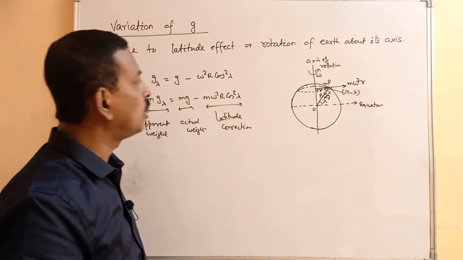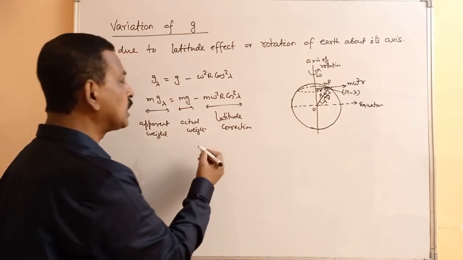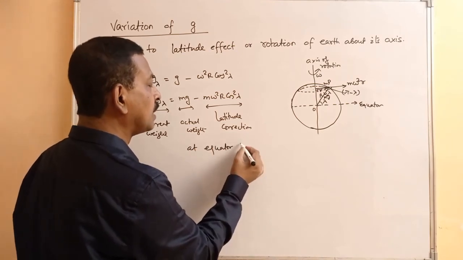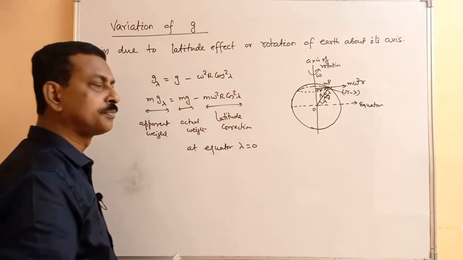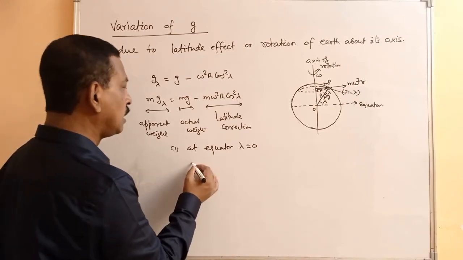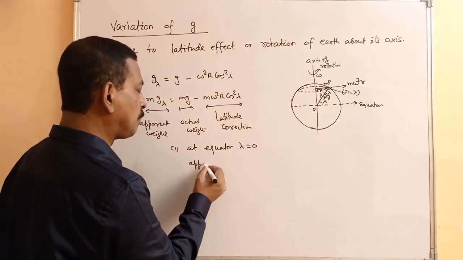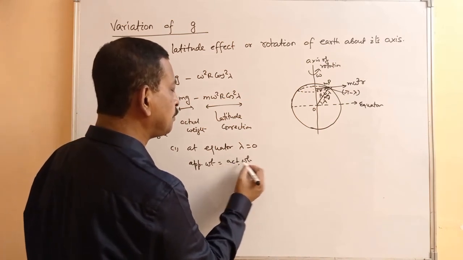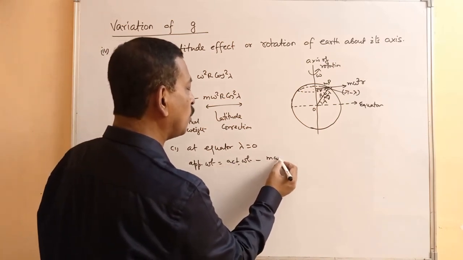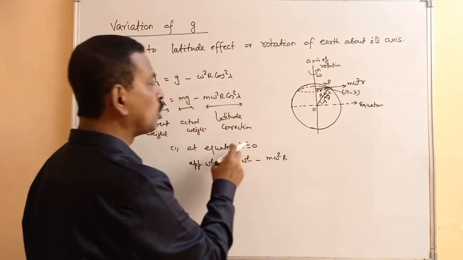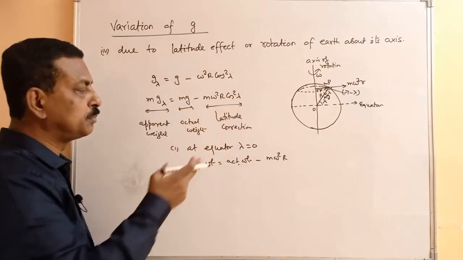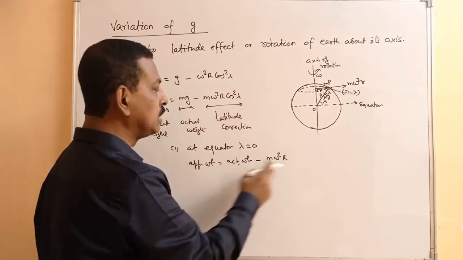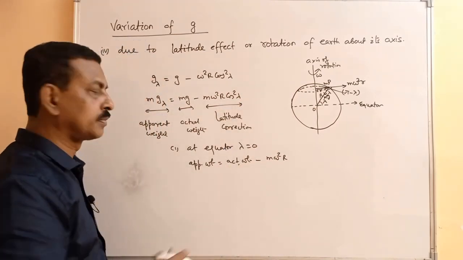One more thing you can observe, if you consider the equator, lambda is 0. So in this case, apparent weight will be equal to actual weight minus m omega square r, because cos lambda, if you put lambda 0, is cos 0, which will be 1. So this will be the expression.